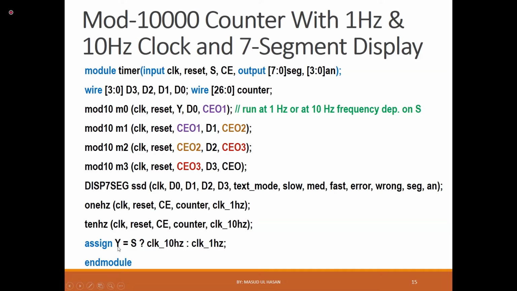We don't need any cascading here. We don't want to display this on the seven-segment display. This is just a clock source. Here, we must put 4 bit counters because each seven-segment display needs 4 bits.